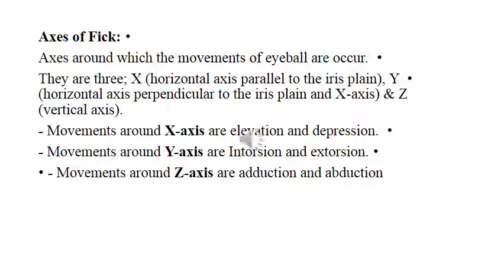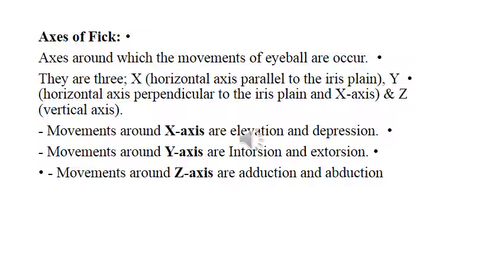How do we differentiate them? X-axis is a horizontal axis that passes parallel to the iris plane, so it's a transverse axis, while Y-axis is also a horizontal axis but passes perpendicular to the iris plane, so it's an antero-posterior axis.